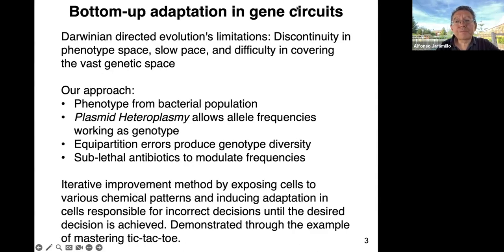Normally, in gene circuits, when you design something very complex, you use directed evolution.